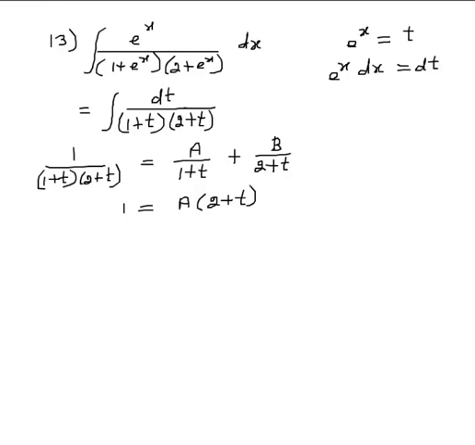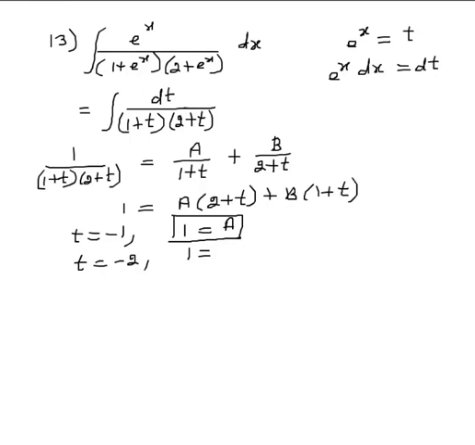We get 1 is equal to a times (2 plus t) plus b times (1 plus t). Let us take t as minus 1. So a is 1. Now let us substitute t as minus 2. First term will be 0 and here we have minus b. Therefore, b value is minus 1.